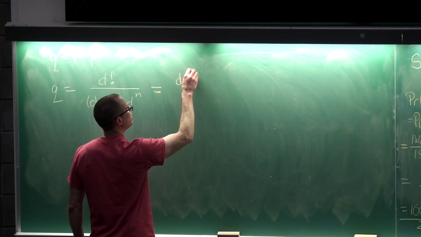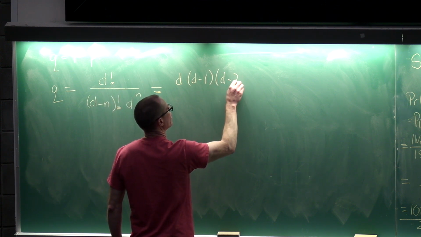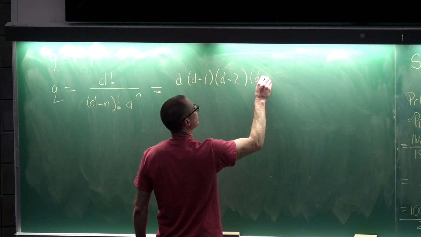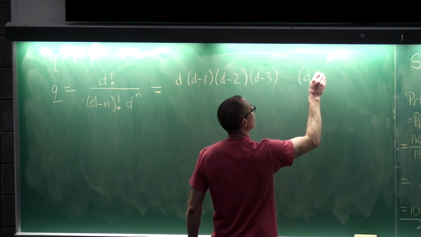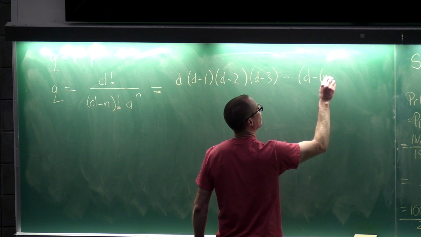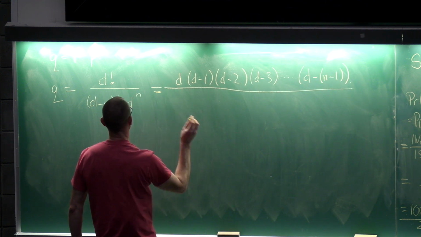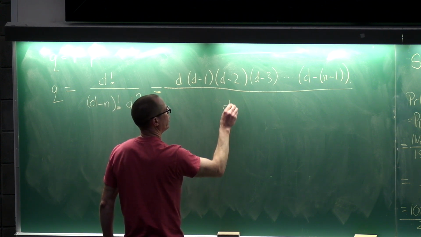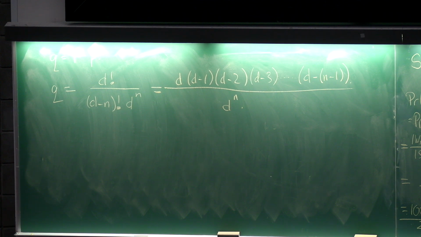So here we have D times D minus 1 times D minus 2 times D minus 3, down to D minus N minus 1, divided by D to the N. Okay?